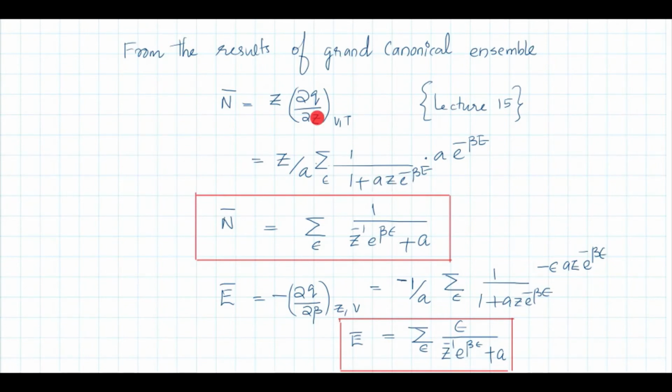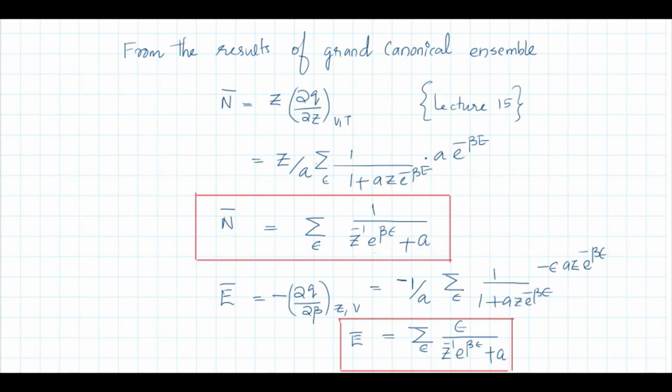But the derivative is with respect to z, so you have to take the derivative of this term once again. The derivative of 1 is 0. Derivative of Az e raised to minus beta epsilon with respect to z is A e raised to minus beta epsilon. This A and this A will cancel. This z into e raised to minus beta epsilon will go to the denominator. Then this 1 by z e raised to minus beta epsilon becomes z raised to minus 1 e raised to beta epsilon plus A, since this quantity z e raised to minus beta epsilon will cancel.